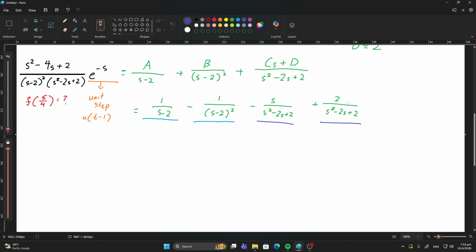So we first look at s squared minus 2s plus 2. So we know that this guy can become s minus 1 squared. And you know, at the back there will be a plus 1, right? Plus 1. Is it plus 1? Yes, a plus 1.